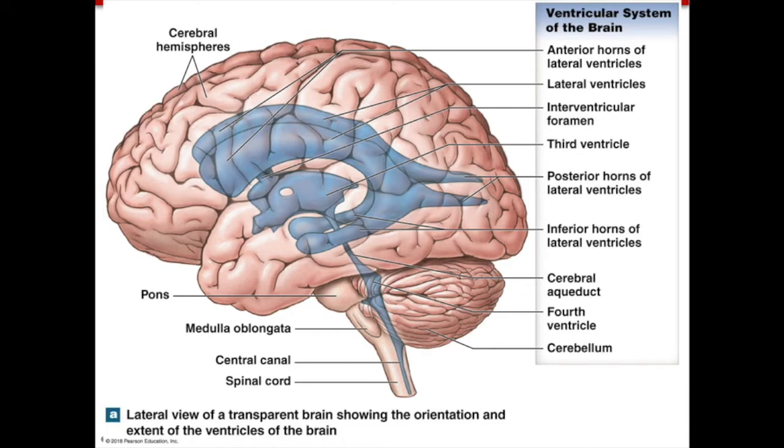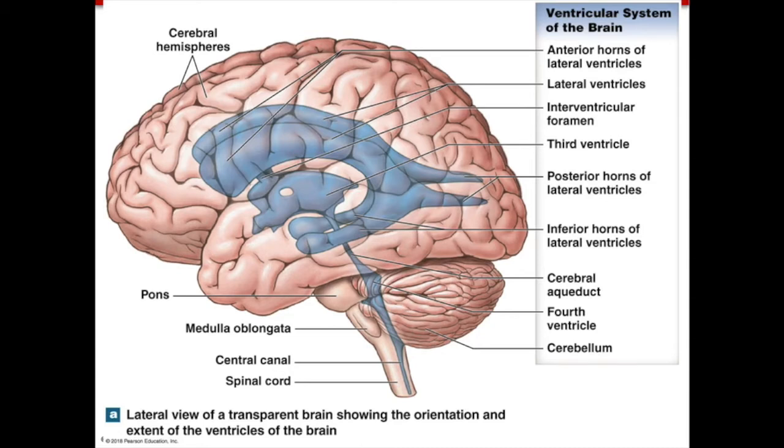And then you see the interventricular foramen, there are 2, that allows each one of them to communicate with the third ventricle, and at this point we're roughly at around the thalamus. And then we have the cerebral aqueduct that communicates the third with the fourth ventricle, which takes place essentially in the brainstem. Okay, and then a continuation, the central canal.